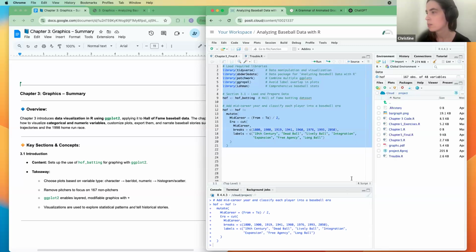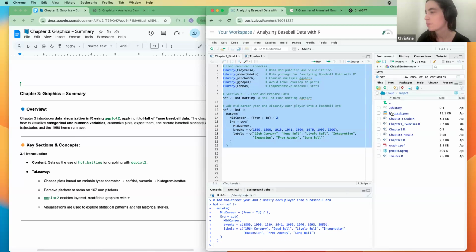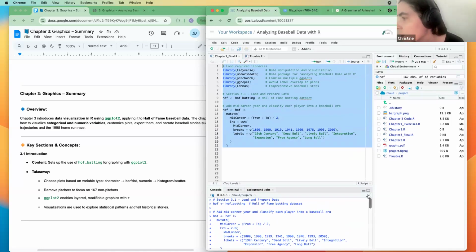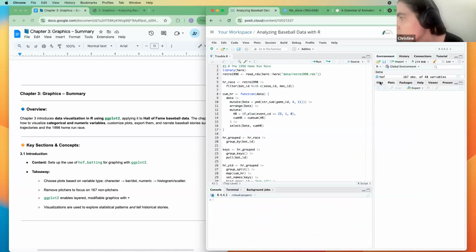Why isn't this showing? Oh my gosh. Okay. Nice. All right. It's having some issues with my plots appearing earlier. Let's try to reopen this.